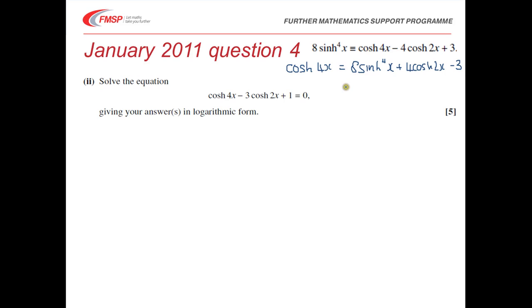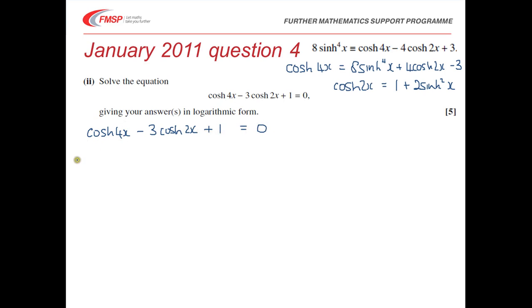The other thing that it's probably worth reminding you at this stage is the double formula: cosh 2x is equal to 1 plus 2 sinh squared x. So we're going to need to use those to substitute in. So starting with cosh 4x minus 3 cosh 2x plus 1 equals 0, I'm now going to substitute everything in.